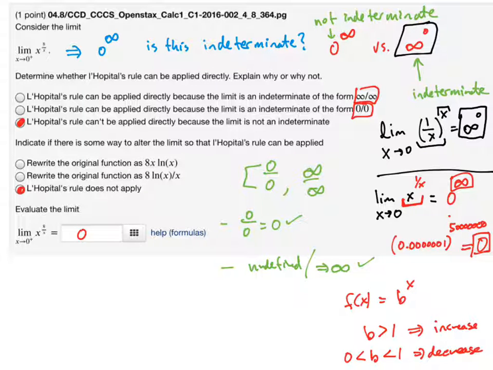You can verify this by looking at the graph, and I encourage you to do so. If we saw the graph, we would see that it starts out really close to the x-axis, and then it balloons. So we can see that as we're getting closer to 0 from the right-hand side, we're approaching 0 there.